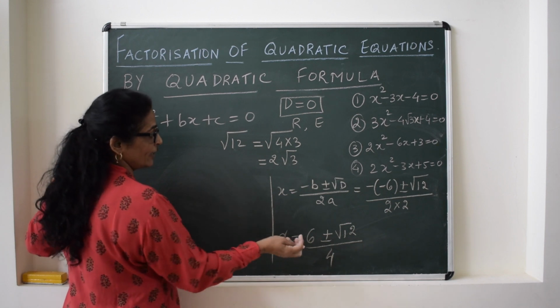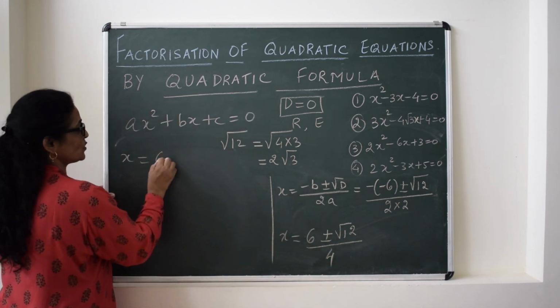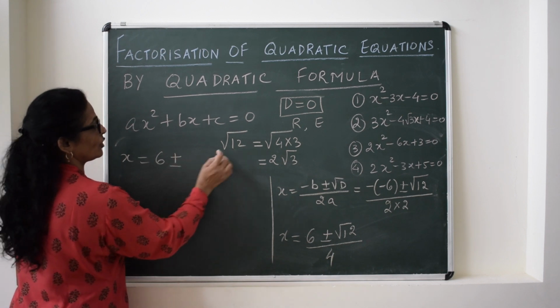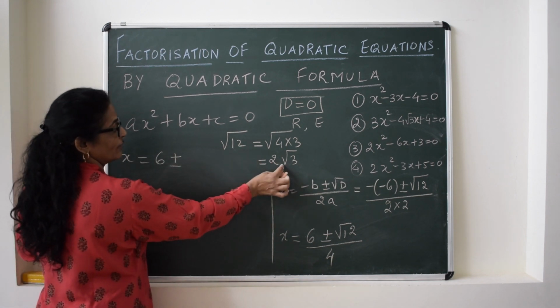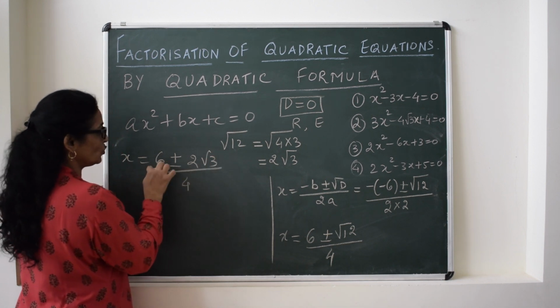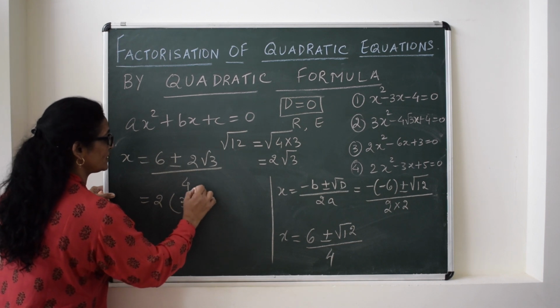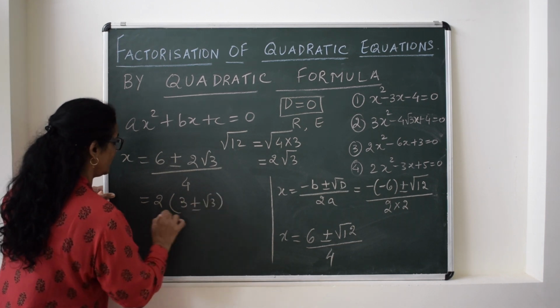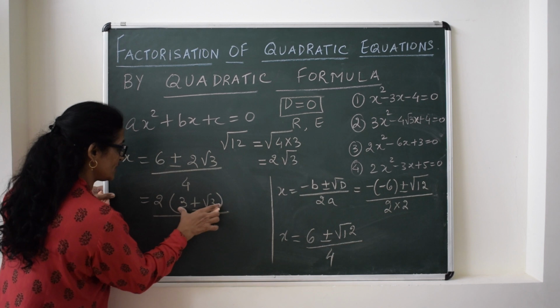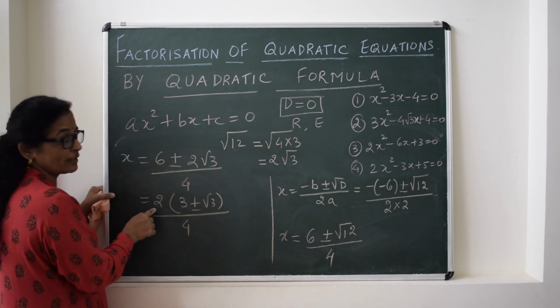Why are we doing that? Because we can take out some common factor. So here 6 will be as it is, but from this root 12 when we write it 2 root 3, we can take out 2 common. So take 2 common, left out is 3 plus minus root 3 upon 4. Now this term and this term are separated by a multiplication sign, so you can cancel it.